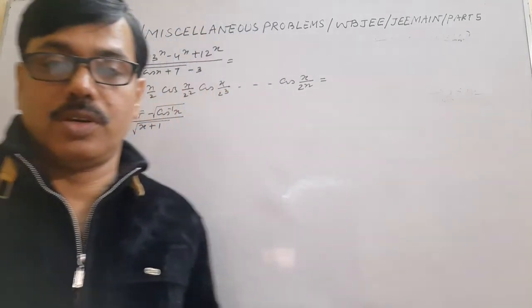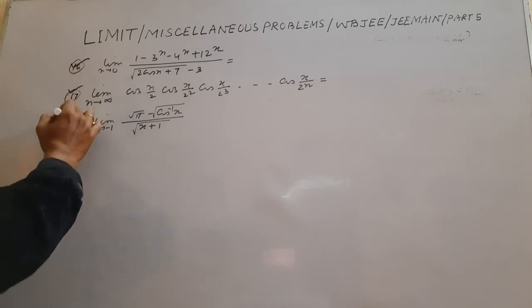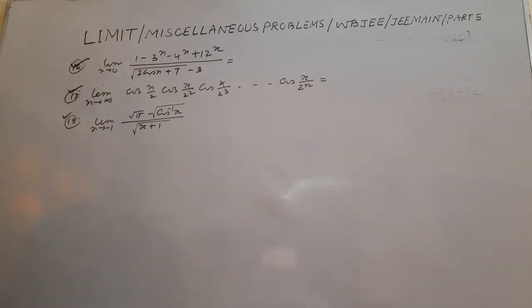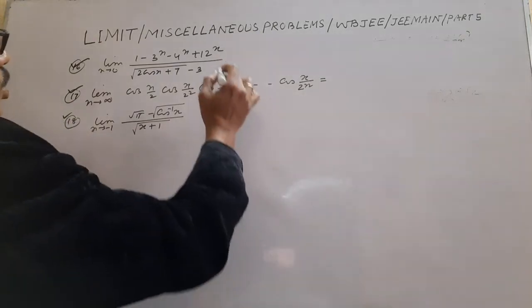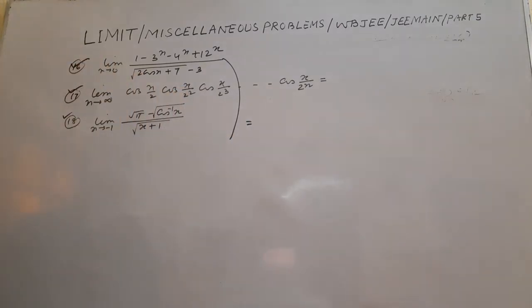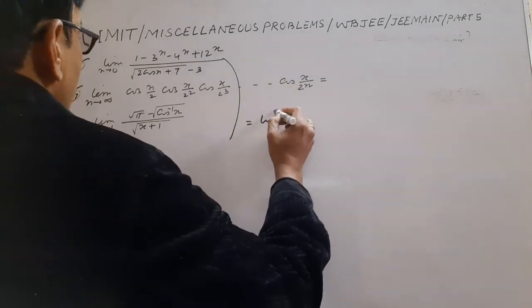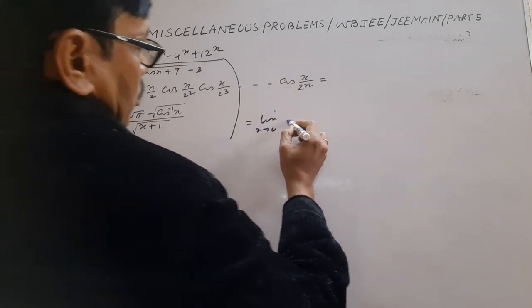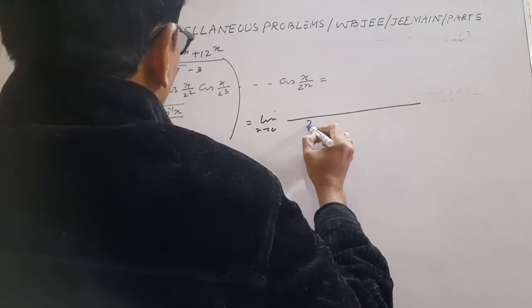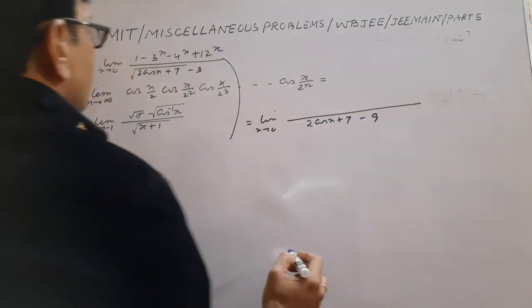And now we consider problem number 16, 17, 18. So problem number 16. This is the same as the previous one. Rationalization. So limit x tends to 0, this is square root of 2 cos x plus 7 minus 9.